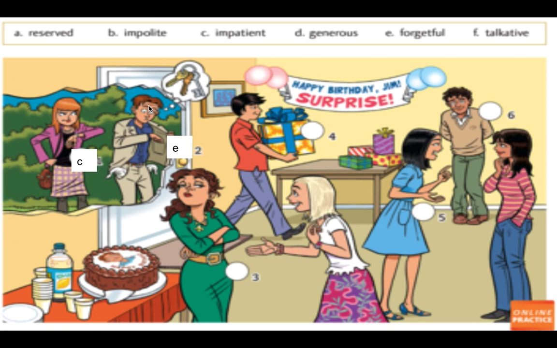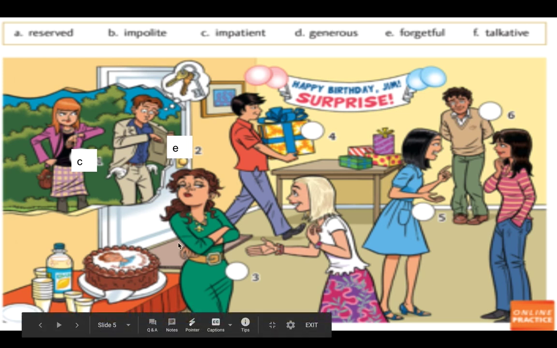E. He is forgetful. If you don't remember things very well, if you can't find your keys, or if you forget somebody's birthday, then you are forgetful. So she is impatient. He is forgetful. How about this woman in the green jumpsuit?